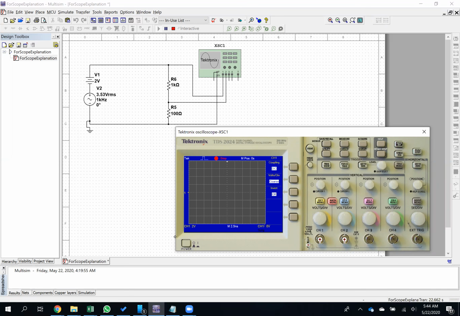Before I start setting up the settings, let's go over what some of the knobs and selections mean, and let's think a little bit about our circuit, because one of the most commonly used buttons on the oscilloscope, probably second to the power button, is this autoset button right here.